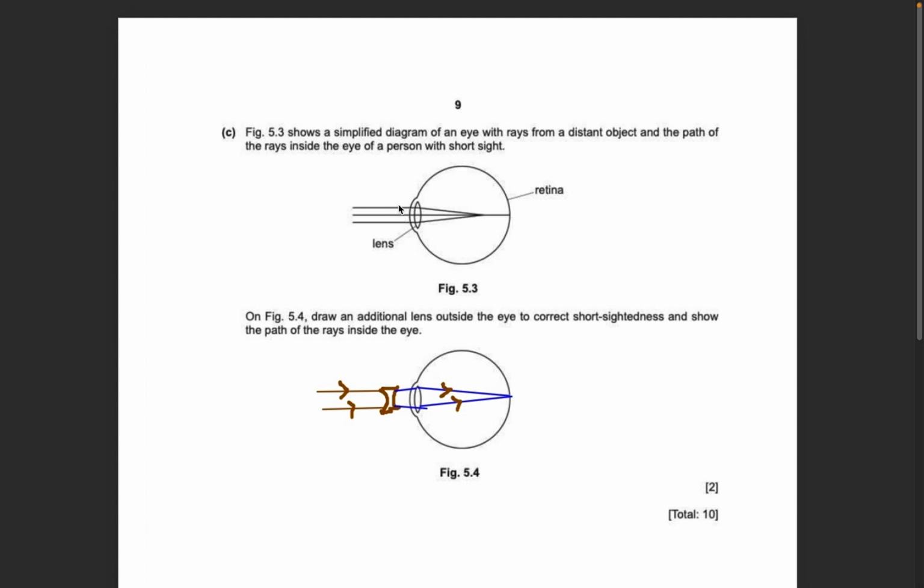So we have to choose a type of lens that diverges the rays, so they will join on the retina. So we have to use the concave lens. Just draw the concave lens as you see, and draw these two rays with the arrows and direction. And after that, when these two rays emerge from the lens, they will move slightly upward to the convex lens of the eye, then collect at this point on the retina.